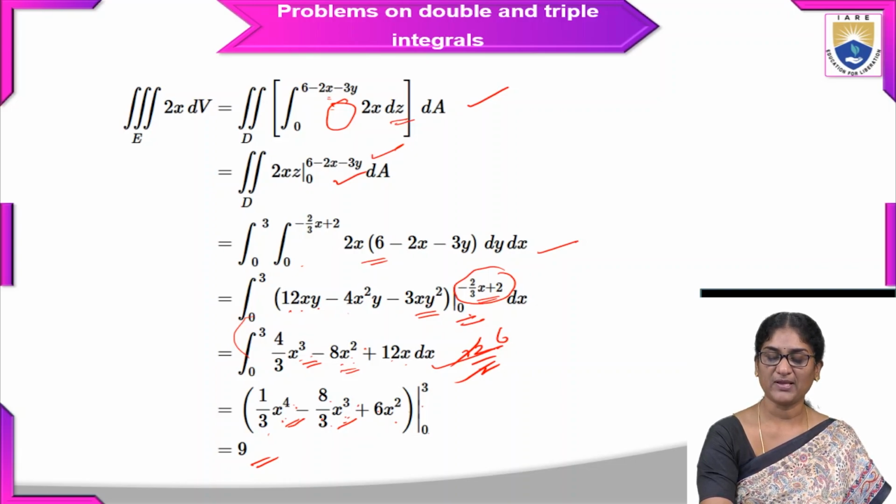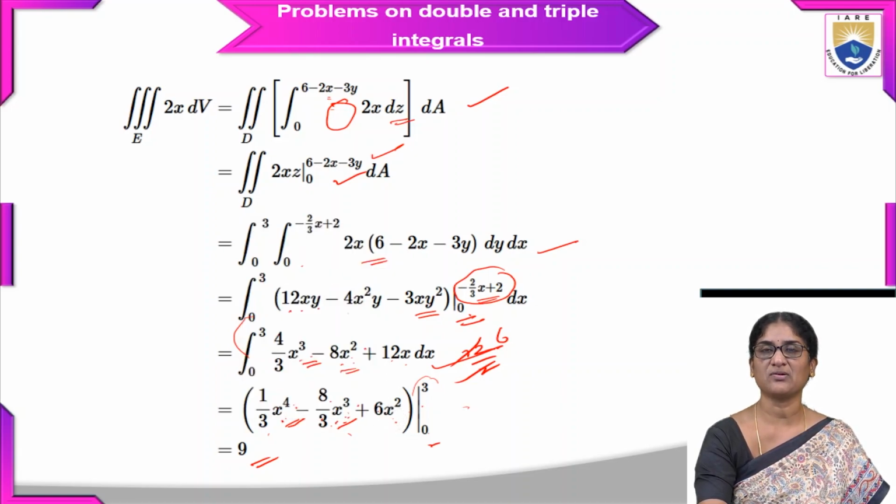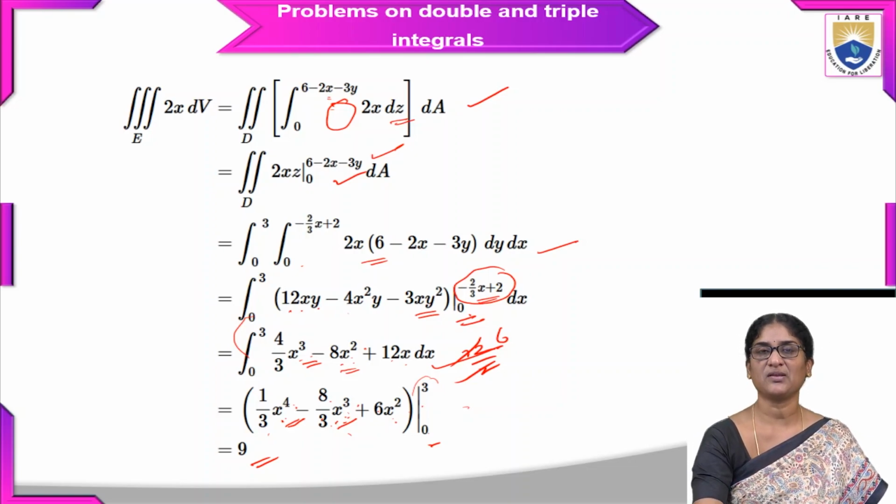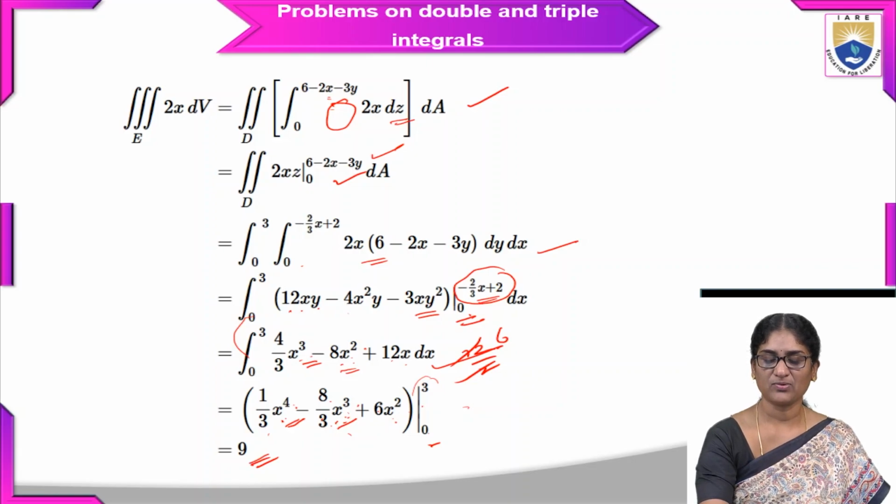Again you apply the upper limit and the lower limit. Wherever x is there you put the upper limit, that is 3 to the power of 4, 81 by 3, minus 27 into 8 by 3, plus 6 into 9, minus 0, because all three terms contain x. If you substitute x is equal to 0, the terms of the lower limit are completely reduced to 0. So the answer comes out to be 9.